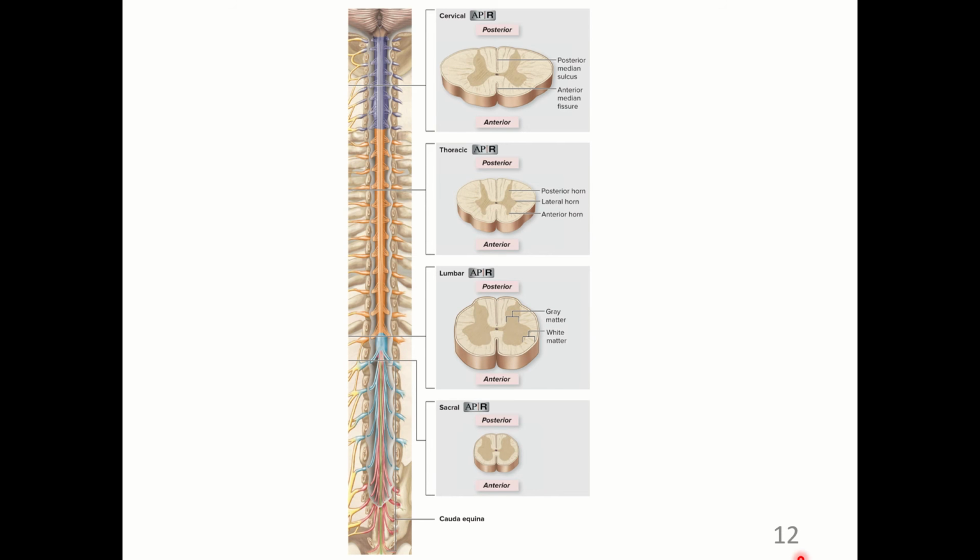This illustration shows the sections of the different regions of the spinal cord and the gray matter tissue within. To note is that within the thoracic as well as lumbar, we can see the lateral horns.